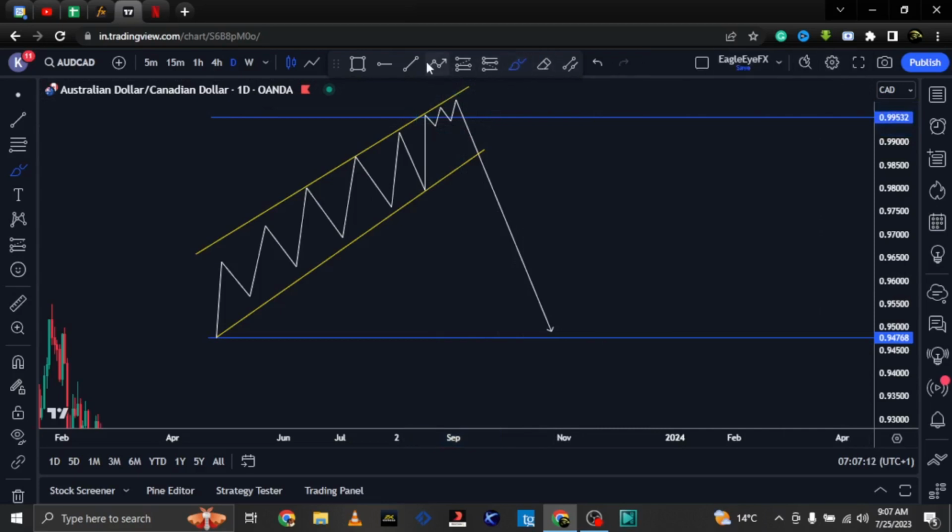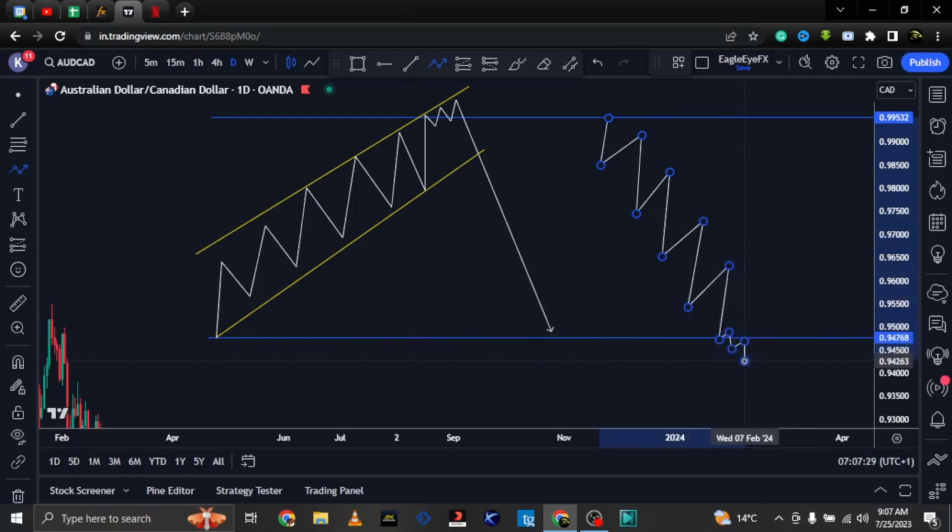The next thing is the opposite of this. Let's say the market is on a downward trend. The moment the market is on a downward trend and it reaches here, we want to look for a structure like that.